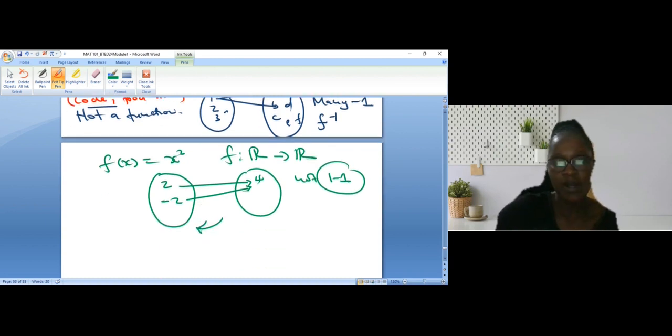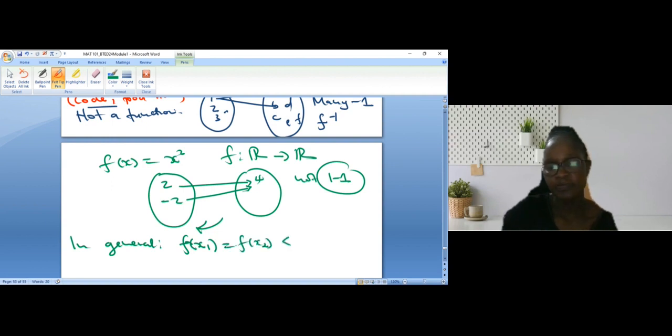And in general, one to one for functions will mean that f of x1 equal to f of x2 implies that x1 must be equal to x2. So this is the definition of one to one.